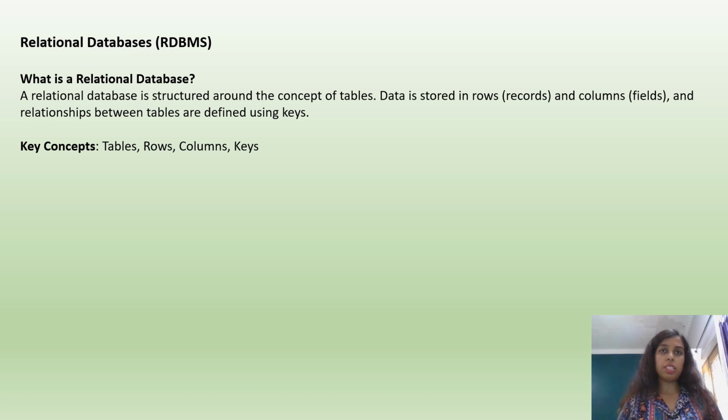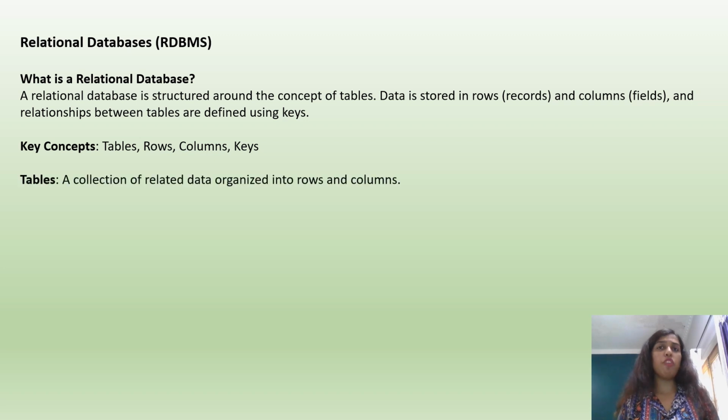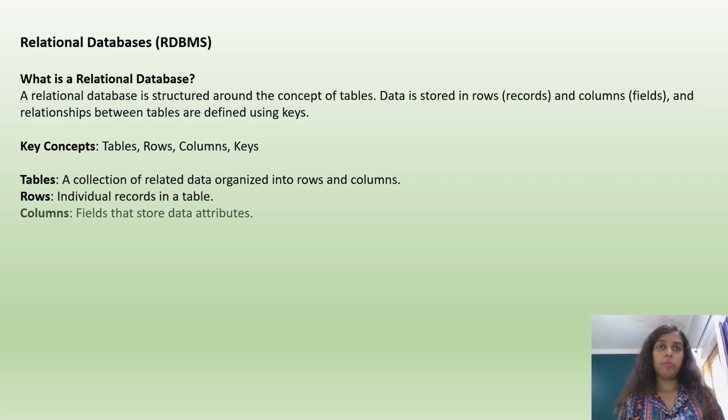In relational databases, the structure is defined by tables. These are collections of related data stored in rows and columns. Each row in a table represents a single record. Columns define the type of data like name, age, or email. Relational databases use keys to ensure data integrity.